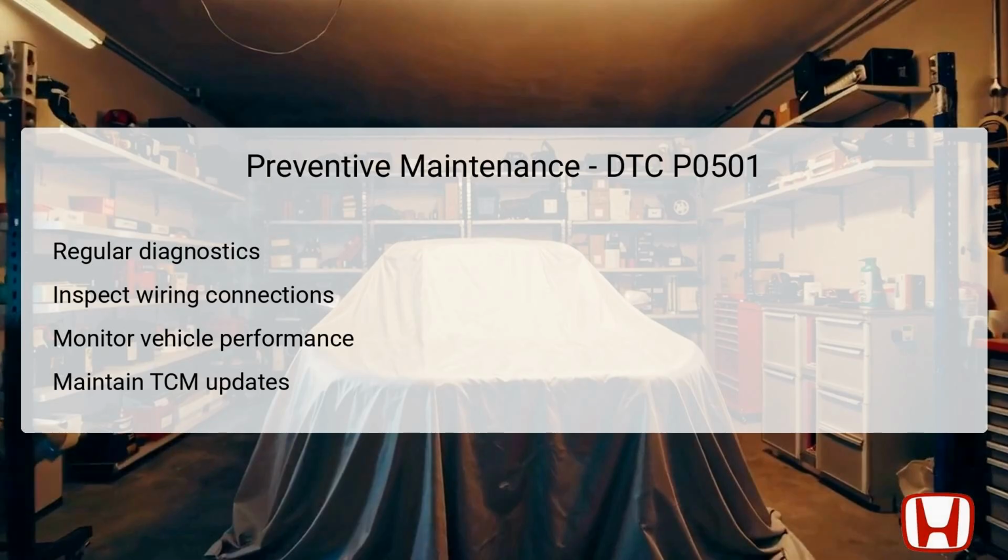Monitoring vehicle performance, such as responsiveness during acceleration, also helps catch potential problems before they escalate. Lastly, maintaining updates on the TCM can provide the latest software enhancements, ensuring that the system operates with optimal efficiency. A structured preventive maintenance schedule can significantly prolong the life of your vehicle's transmission system.